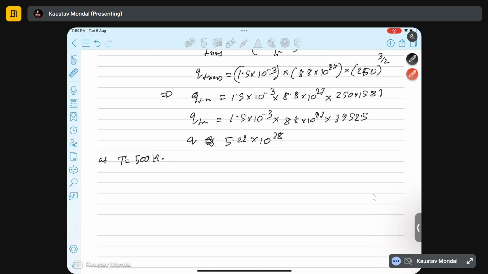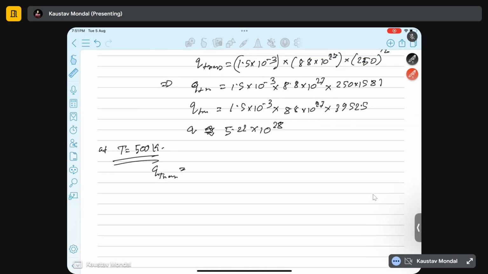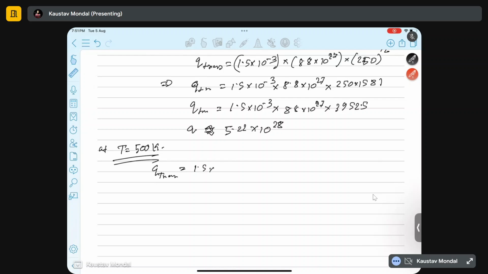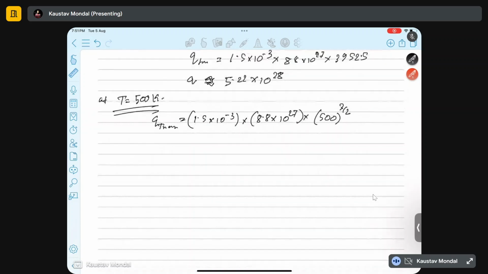So for T equal to 500 Kelvin, in a similar way, the electrons would be 1.5 into 10 to the power minus 24, times 500 to the power 3 by 2.